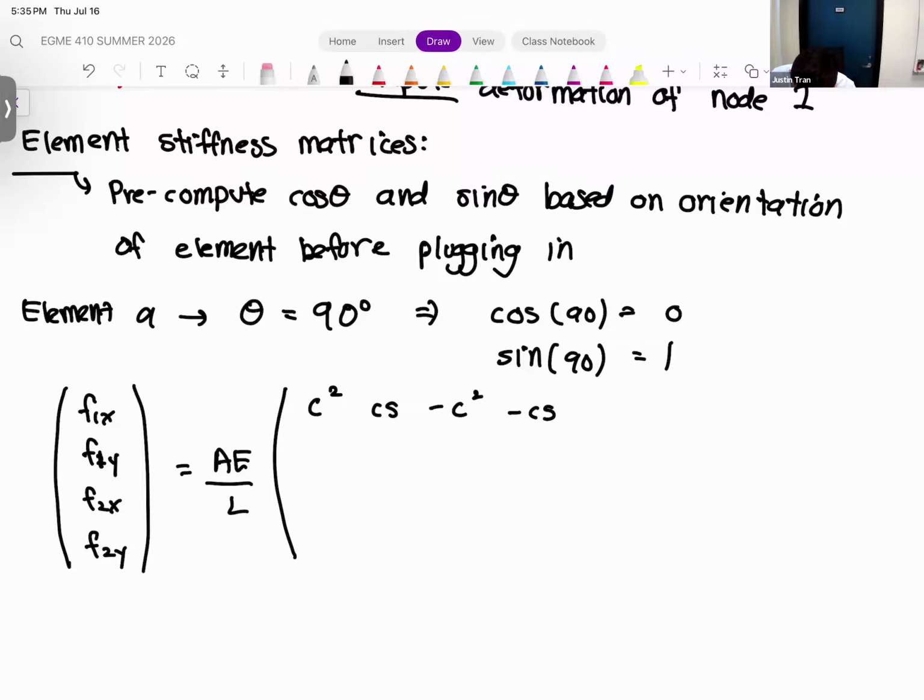The next row we have sine squared, minus cosine sine, minus sine squared. Third row, we have cosine squared, cosine times sine. Last row, we have just sine squared.